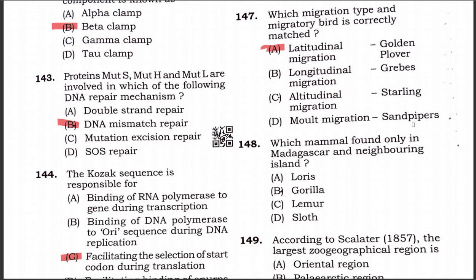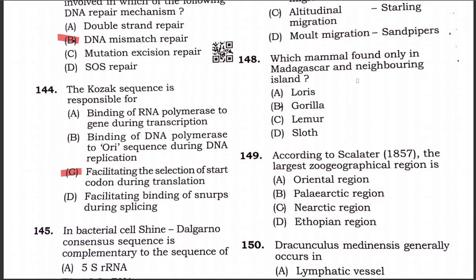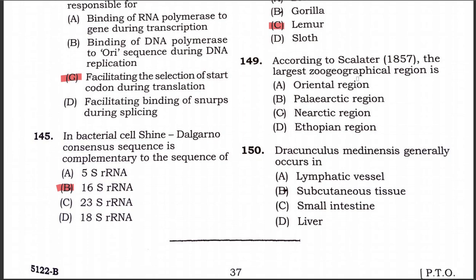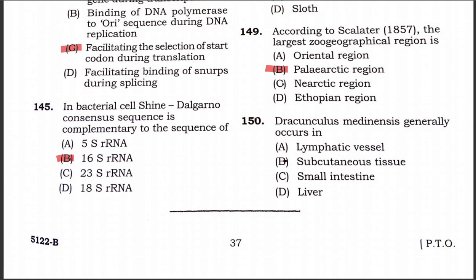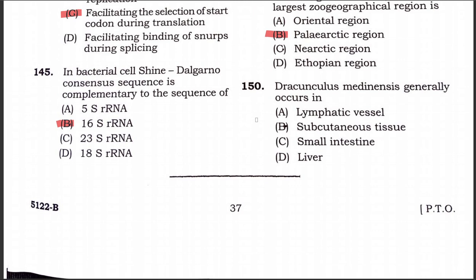These sandpipers are latitudinal migratory birds, which may be found only in Madagascar and neighboring islands. So lemur is only found in Madagascar. According to Sclater, the largest geographical region is of course the Palearctic region, wherein India is also located. Europe, Asia, north of Himalaya, Africa. Dracunculus medinensis generally occurs in subcutaneous tissue.